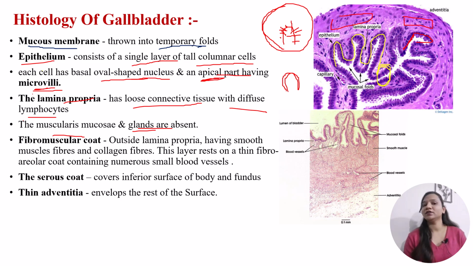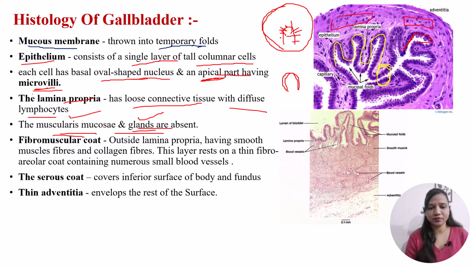So there is no need of glands for secreting mucus, and as there is no mucosal movement, there is no need of smooth muscles. That's why the muscularis mucosa is not present here. Both the things are connected.